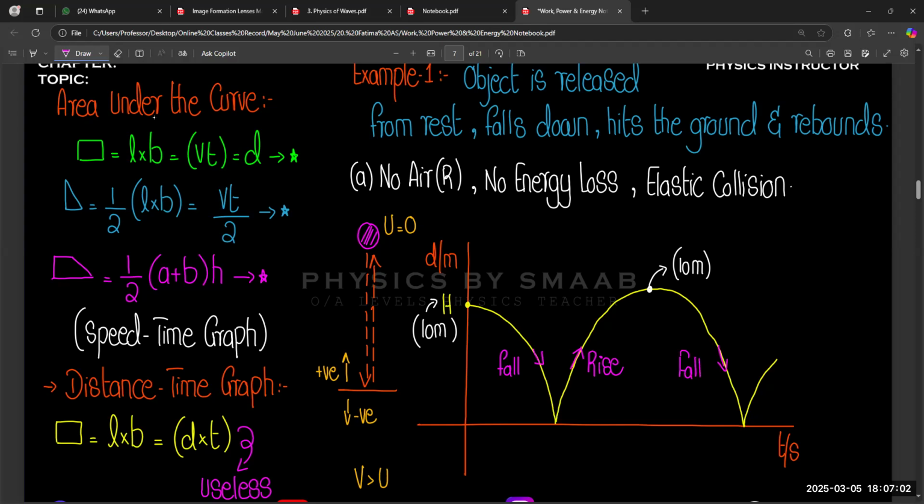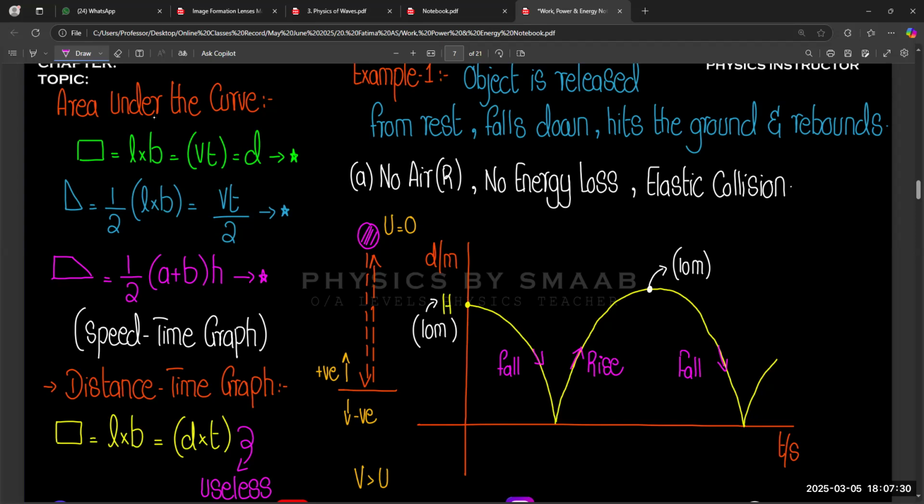The important thing to remember is that since there is no energy loss, the height of the object remains the same. It will not change even after 10, 20, 30 bounces or whatever the number of bounces will be, because the energy remains the same, so we are utilizing 100% of the energy. So this is an ideal situation. Practically this is not possible.